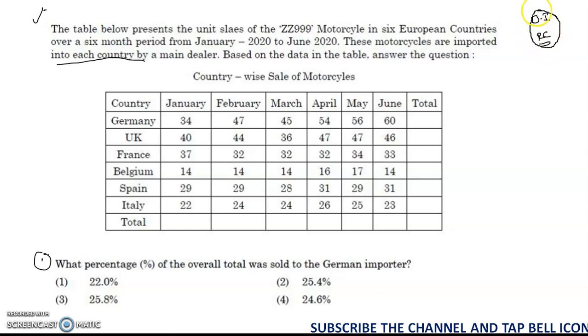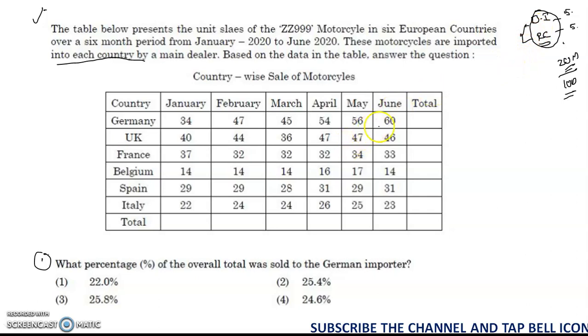Why? Because they are time taking things, and if you take some time and opt for the answer perfectly, then you are going to see 5 questions here and 5 questions here. That means 10 marks here and 10 marks here. That means the total 20 marks you can score from here itself out of the 100 marks of paper 1. So please be very careful while solving the DI or the reading comprehensions.